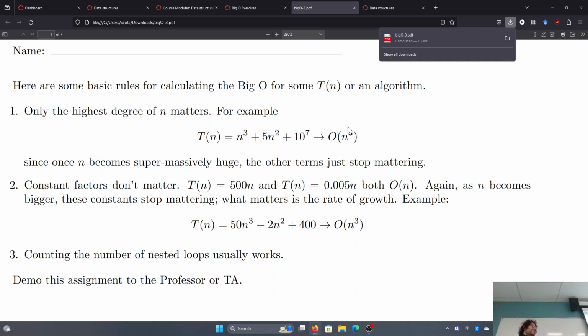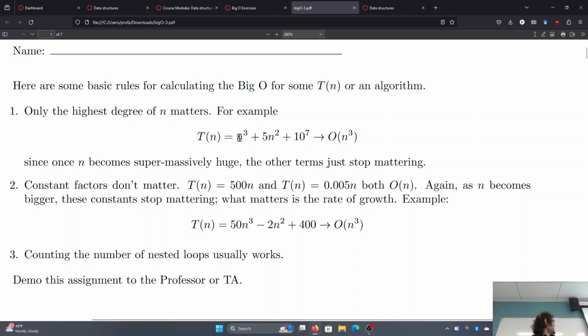So what we do is say, given this algorithm, as the input gets really large, what happens to the workload? T of n is the time, where n is our input size. Say it takes n to the third power plus n squared plus 10 to the 7th time units, whatever that unit is, second, millisecond, doesn't matter.